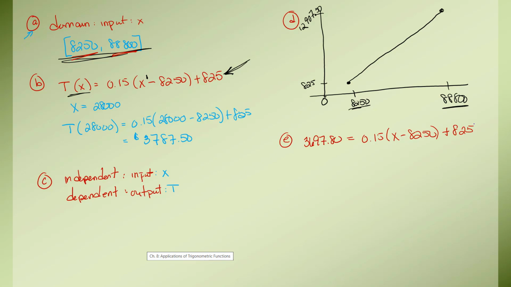Let me get this number written correctly. There are a couple of different ways you can do it. I am going to just move the 825 over first. And then I am going to divide by that 0.15.